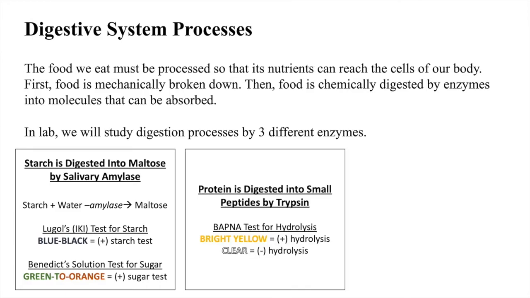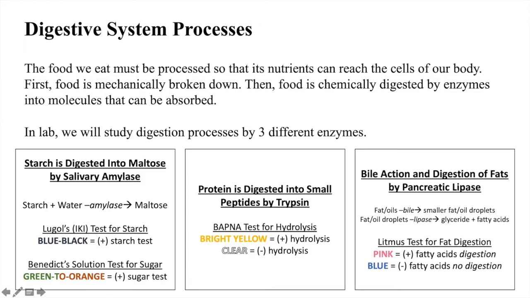The second is the digestion of protein into smaller peptides by trypsin, an enzyme produced by the pancreas. Finally, we will study the 2-step emulsification and digestion of lipids into monoglycerides and fatty acids by bile, an emulsifier produced by the liver, and lipase, an enzyme produced by the pancreas.